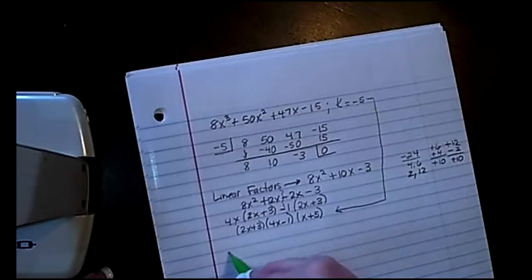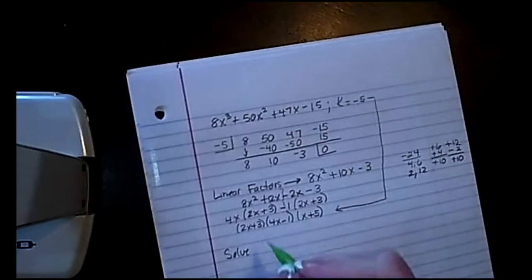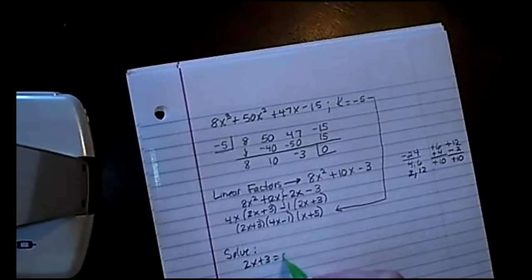So now if I said solve, set each of them equal to 0. All right, so we subtract 3 and then divide by that coefficient.